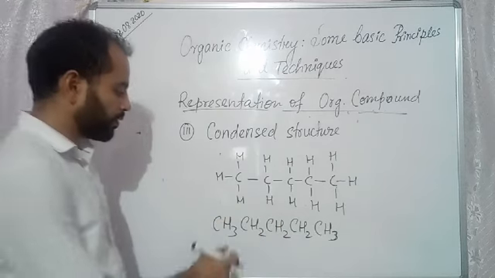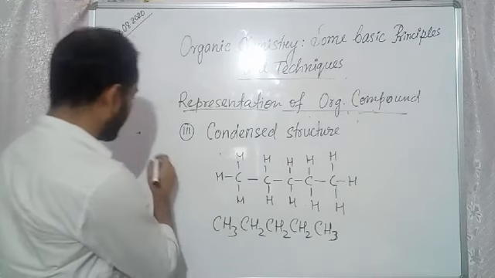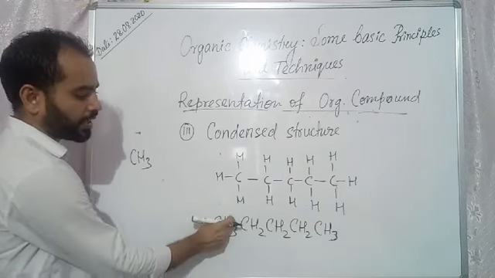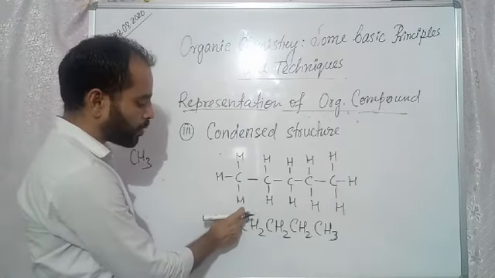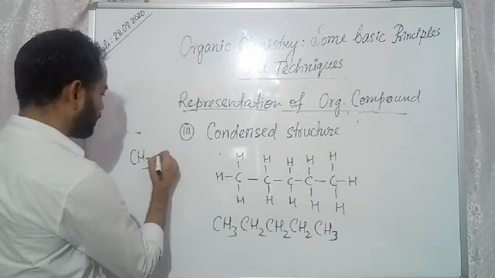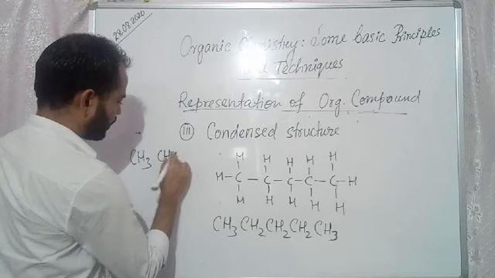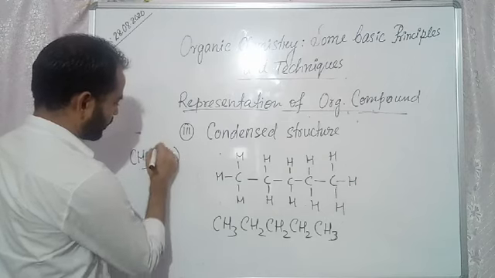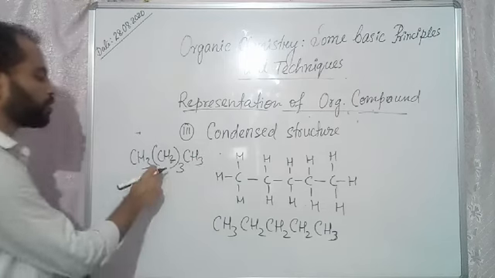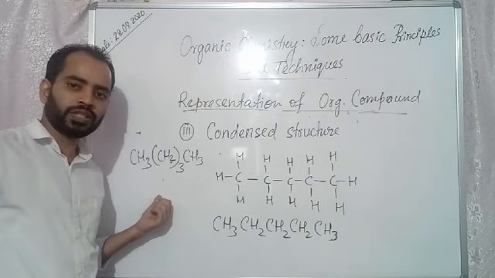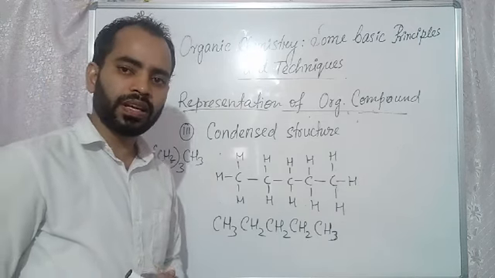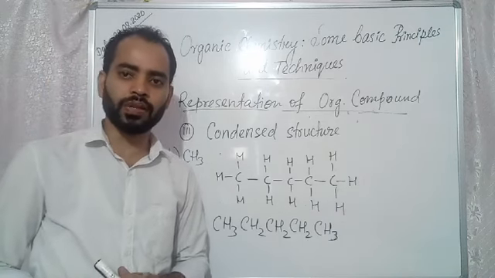How can we condense it? You look here. CH3. Then how many CH2 groups are there? 1, 2, 3. Okay, 3 CH2 groups. And again CH3. So we can further condense it like this. So this type of representation is called condensed structure or condensed formula.